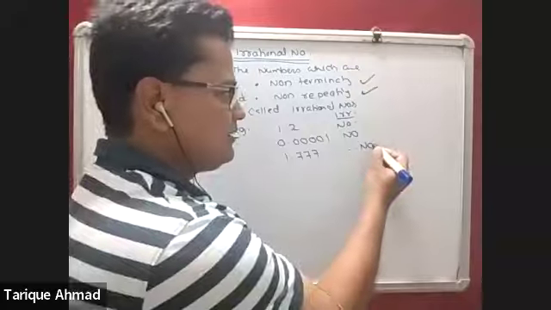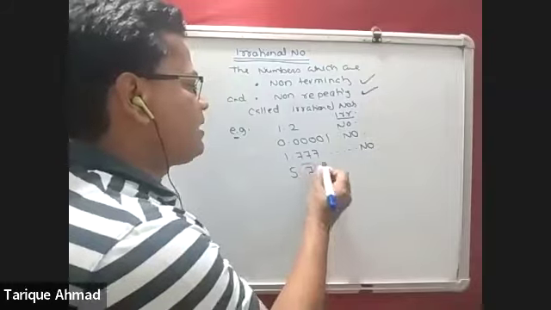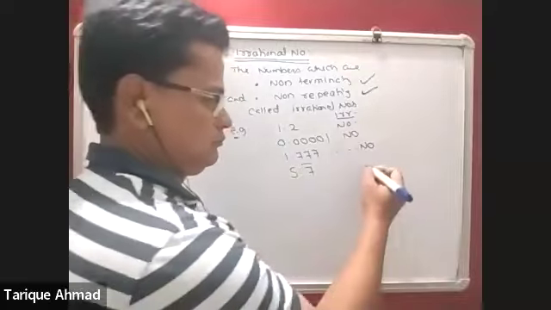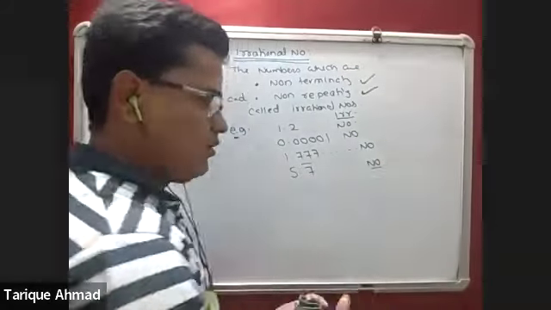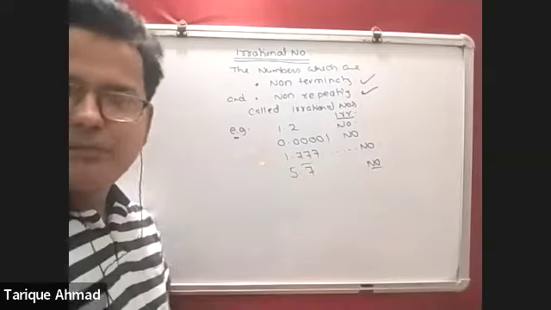Yes. Since it fails in the second condition, again this is not an irrational number. Okay. 5.7 bar. This is not irrational. Why? Because it's repeating. Although it is non-terminating, since it is repeating, that's why it is not an irrational number.